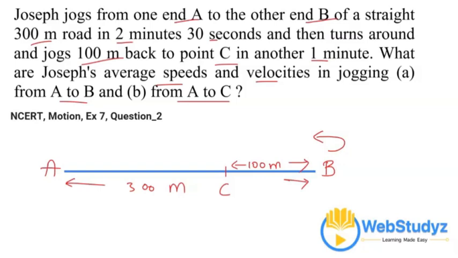So now we have to calculate the average speeds and velocities from point A to point B and from point A to point C. Let's do it for point A to point B, which are 300 meters apart.